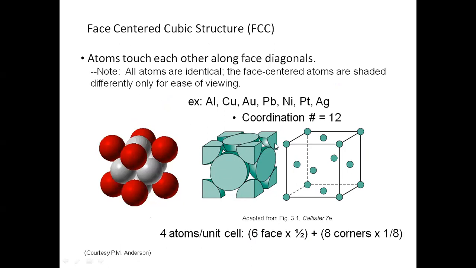So in short, every side, which is 6 sides, has half an atom each. So 6 times half gives you 3. 3 plus the 8, the usual, times 1/8 here, which is 1. And this one you already know the answer by now. So 3 plus 1 gives us 4 atoms. So when you put all these together, they give us 4 atoms in this unit cell.